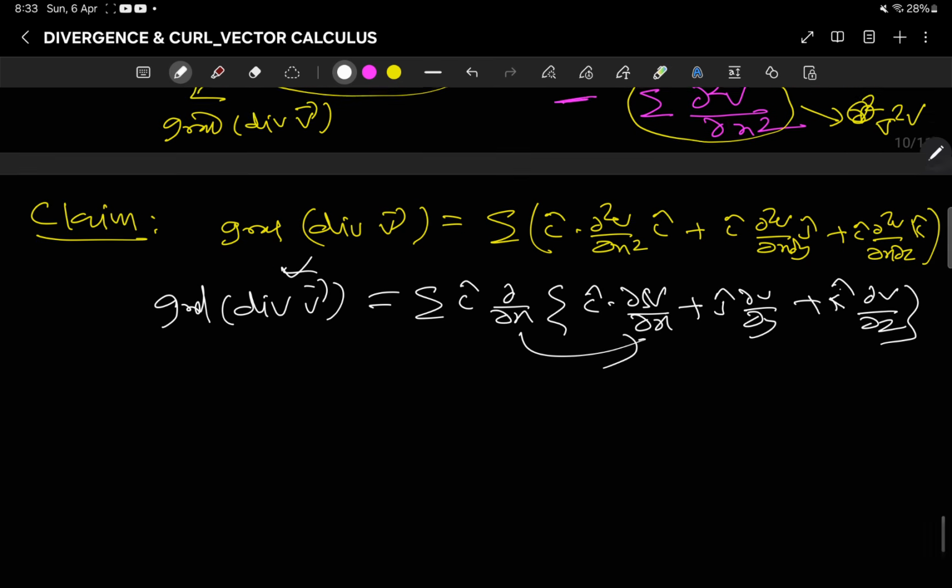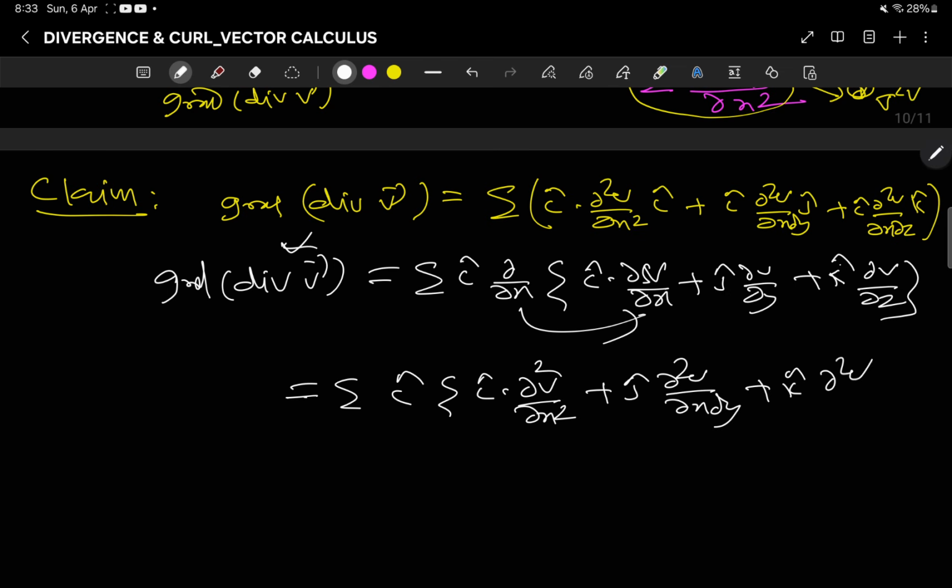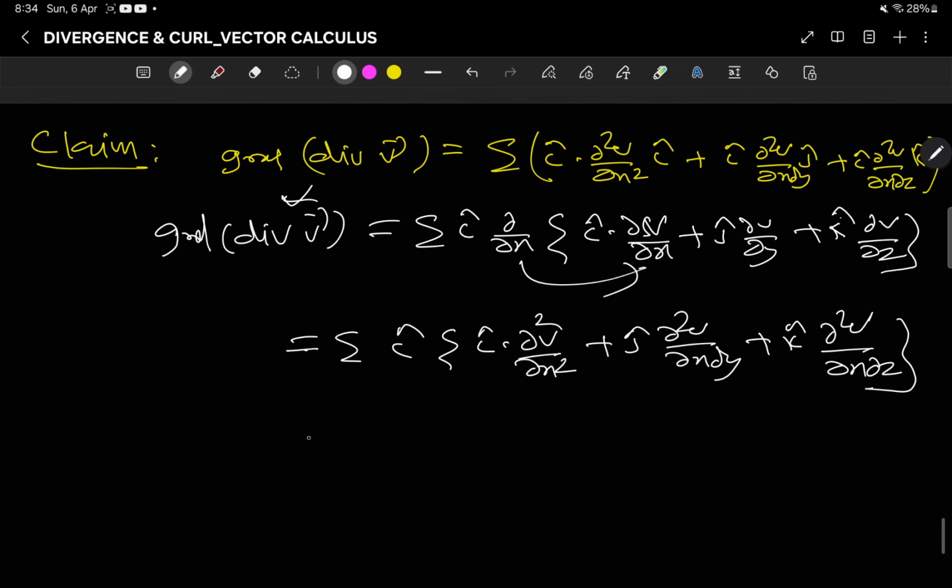Now I operate it. So this is equal to summation of I, it is I dot del square V by del x square plus j dot del square V by del x del y plus k dot del square V by del x del z. Okay, now I split it.